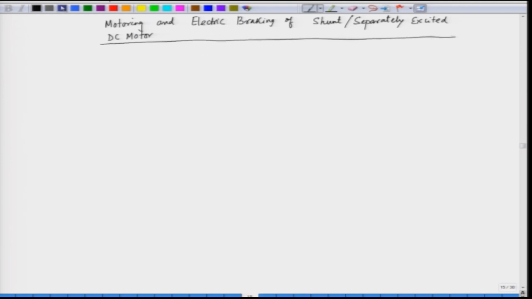We have discussed the motoring part. Now, we will be taking up motoring once again and in addition we will be focusing on various types of electric braking of shunt or separately excited DC motor. We will be comparing the motoring with various types of braking. Let us see what are the various types of braking we have along with the motoring operation.